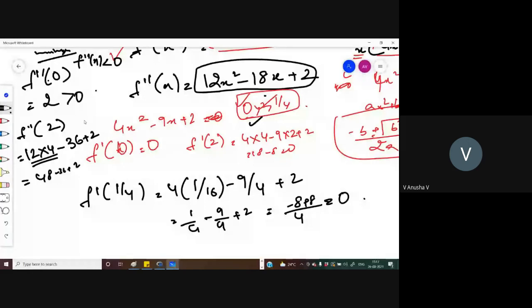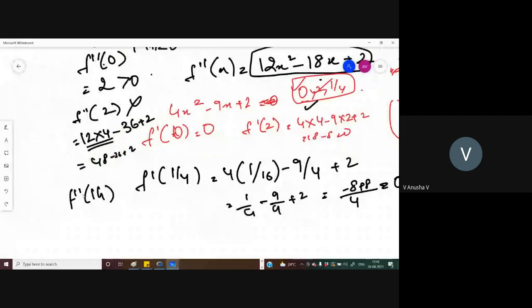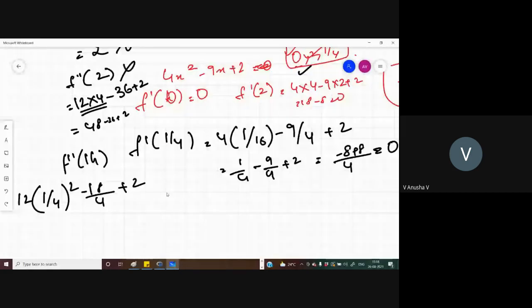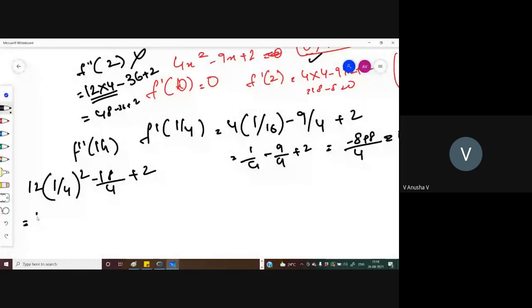Next, we are checking f''(1 by 4). We need to substitute in this equation: 12 into (1 by 4) whole squared, minus 18 by 4, plus 2. Whole by 16, minus 18 by 4, plus 2.